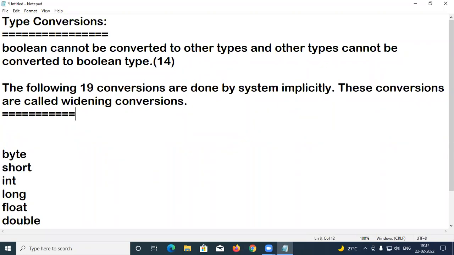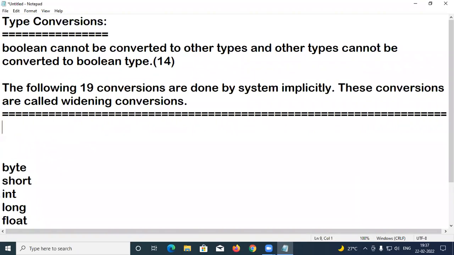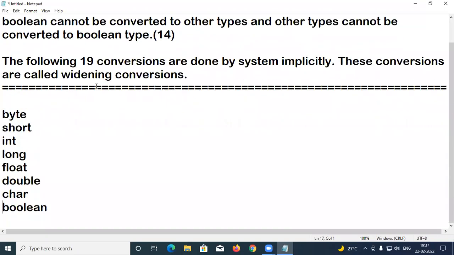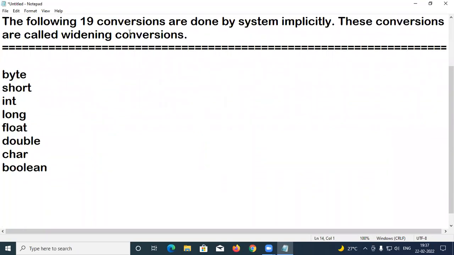If any doubts are there, just write them in your notebook. At the end of the session, I'll clarify your doubts. First, listen to the class. The following 19 conversions are done by the system implicitly. These conversions are called widening conversions.